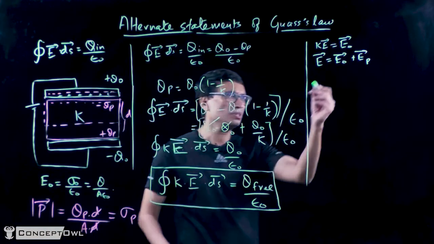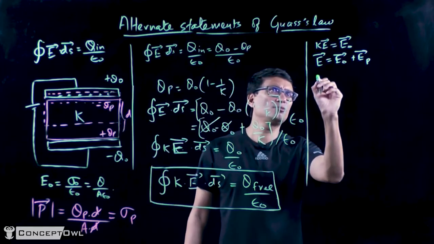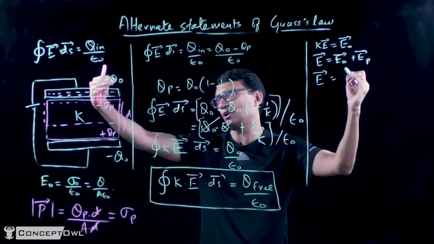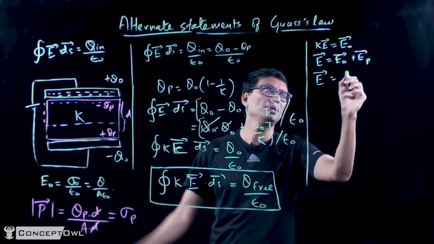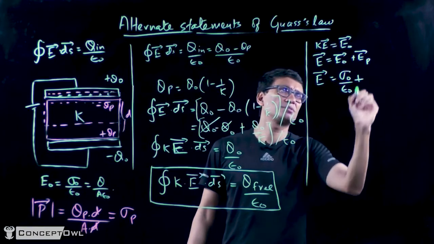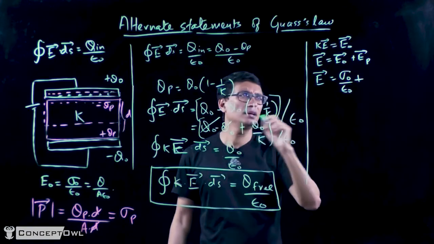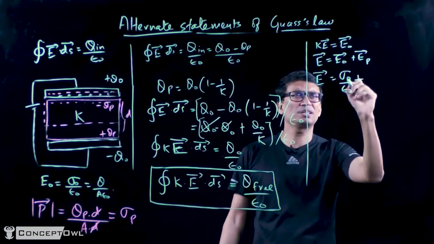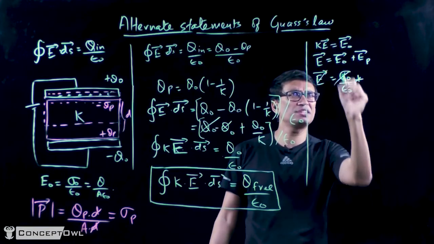So my electric field E is going to be equal to, what is E naught? E naught is the electric field because of plus Q minus Q, that would be sigma naught upon epsilon naught, plus EP. In fact, let me do one thing. I'll skip this and just retain this E naught.